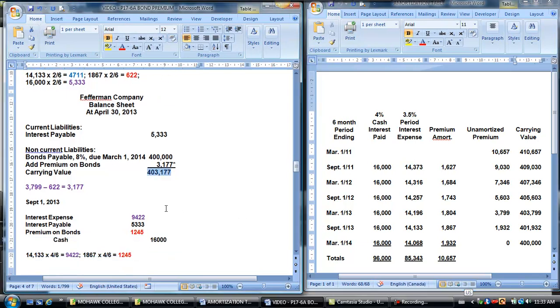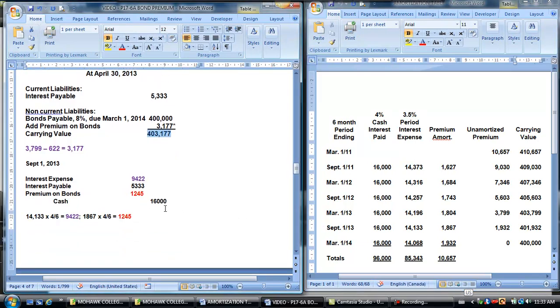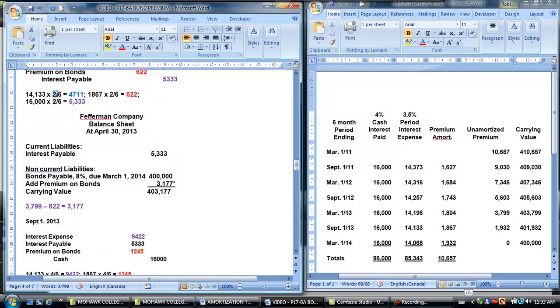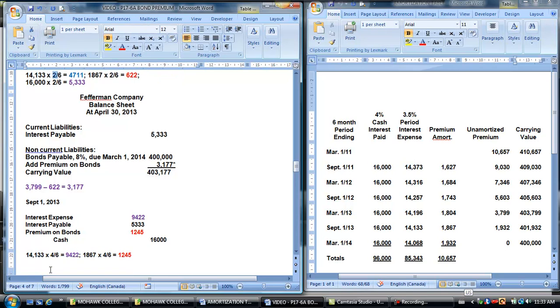So now when we get to September the 1st, 2013, what we're going to do is we're going to draw down our interest accrual from April 30th, 2013. And we're also going to take the rest, the other 4 months of the interest expense. So don't forget, we recorded interest expense here for 2 months at April 30th. Now we're going to pick up the other 4 months, and that's $94.22. And again, we're going to amortize the remaining premium of the bond.